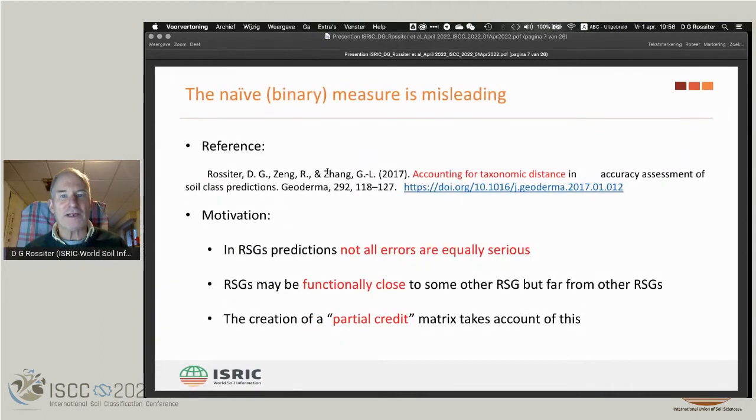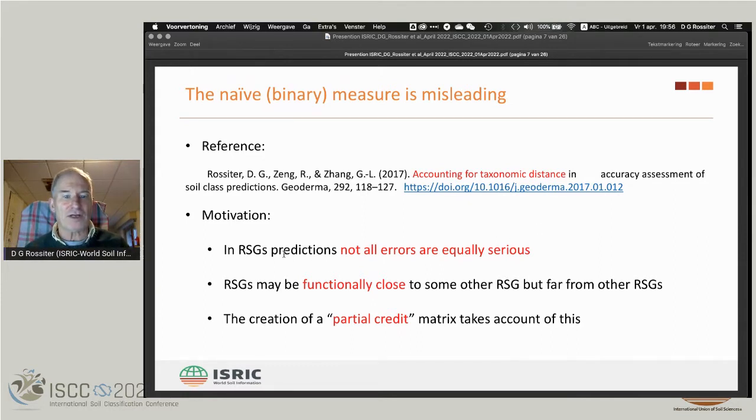But this is misleading. Some years ago, with my colleague Zhang Ganlin, who a lot of you know, in Nanjing, and my colleague Zheng Zhong, we wrote a paper on accounting for taxonomic distance. You can go read the paper, which is much more complete than what we're trying to do with SoilGrids.